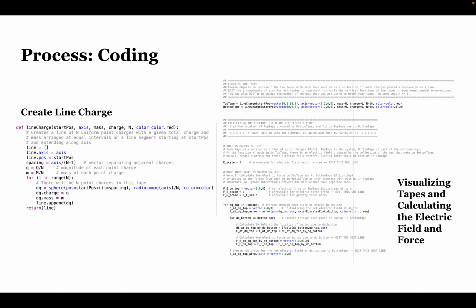In terms of the job that we had to do, it was changing the estimated values. In our case, we redid the experiment, so we had to change the values for distance, mass, and charge for the tape.